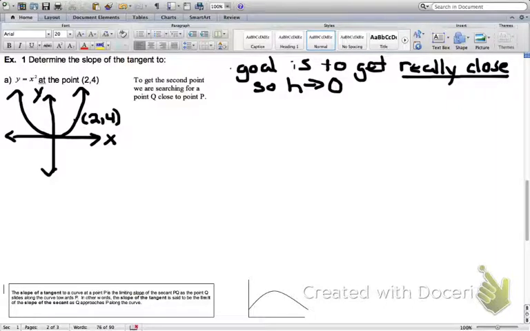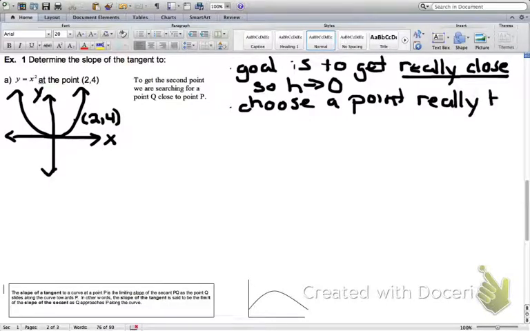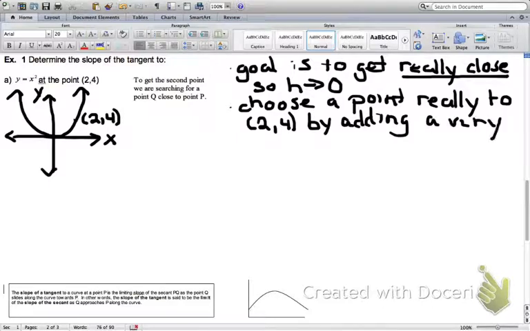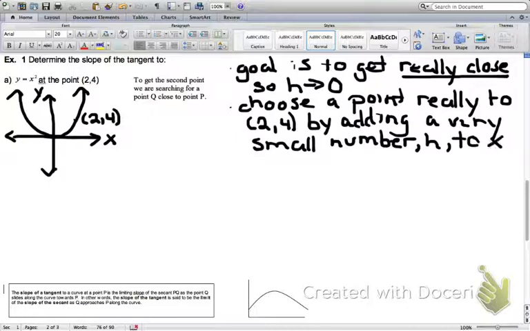Alright, so what we're going to do is choose a point really close to our given point, 2, 4, by adding a very small number h to x. So therefore that would look like x plus h.